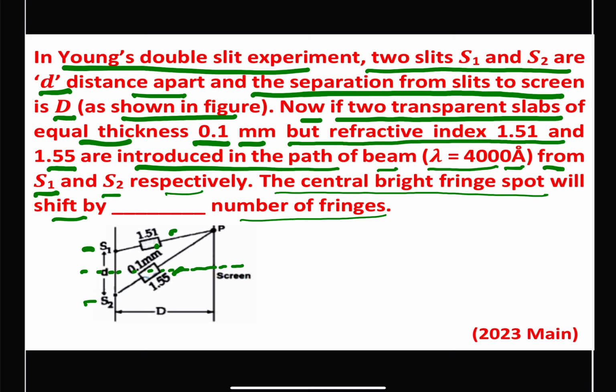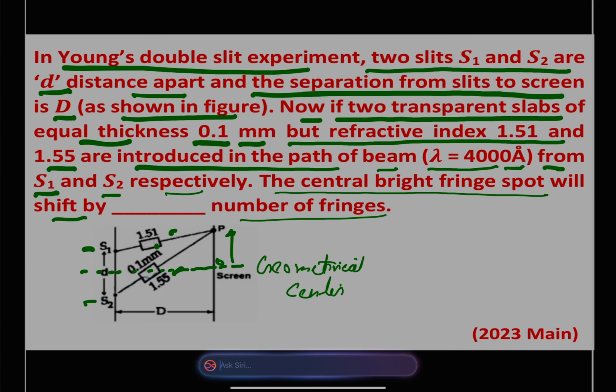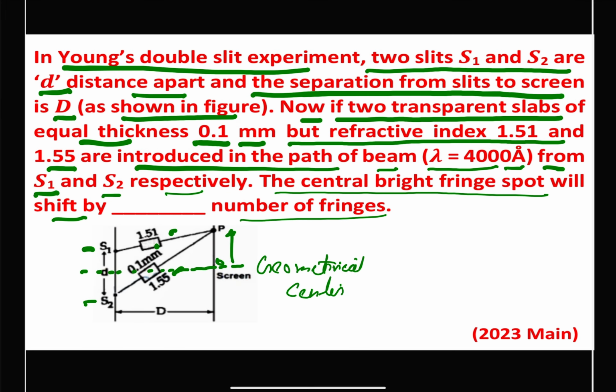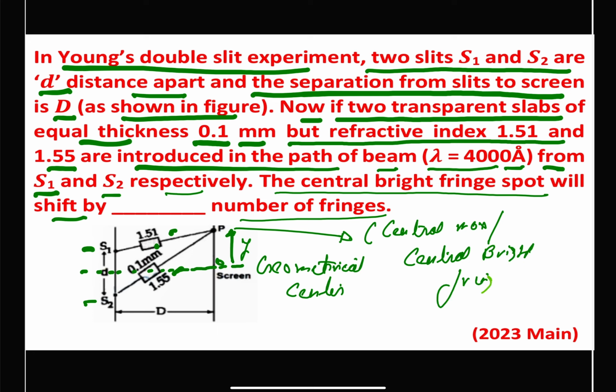So this is point O, our geometrical center. And in the upward direction we have our Y, and this P is our central maxima, or we can call it the central bright fringe.